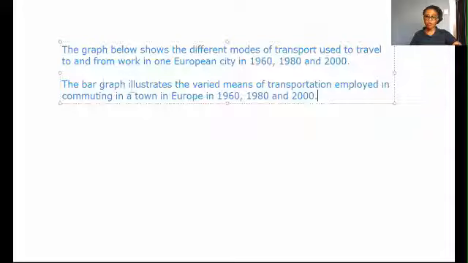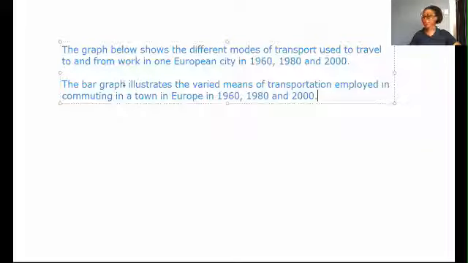The bar graph illustrates the varied means of transportation employed in commuting in a town in Europe in 1960, 1980, and 2000. I have paraphrased the description and I do not have any grammatical issues with the sentence that I have.